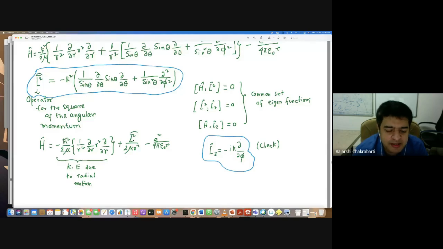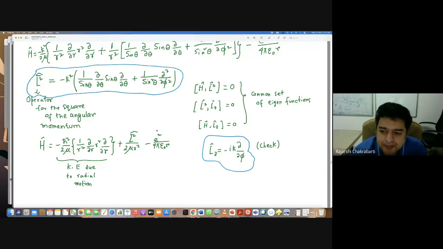This is like L square by twice mu r square. This is like p square by twice m kind of thing, isn't it? But in terms of angular momentum, this is the kinetic energy due to angular motion. This is kinetic energy due to radial motion. And then this part is potential energy due to interaction between the nucleus and the electron.